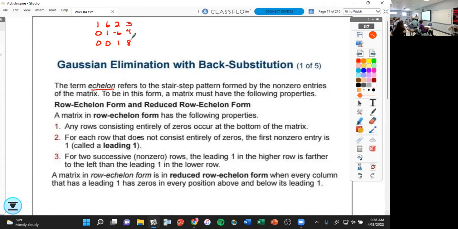A matrix in row echelon form is in reduced row echelon form when every column that has a leading one has zeros in every position above and below its leading one. So this would be row echelon form.